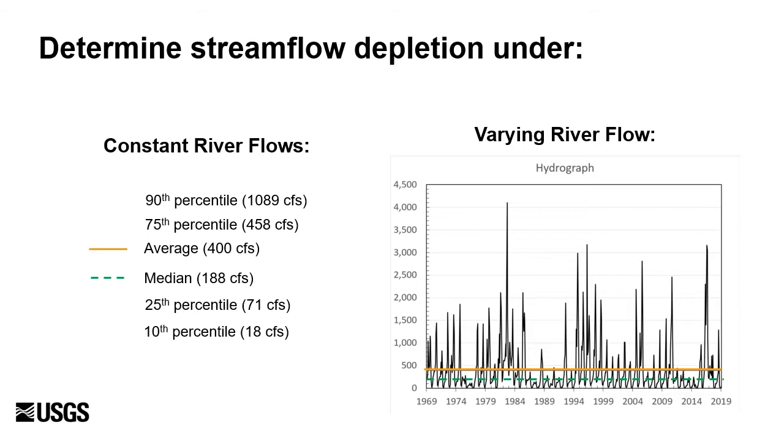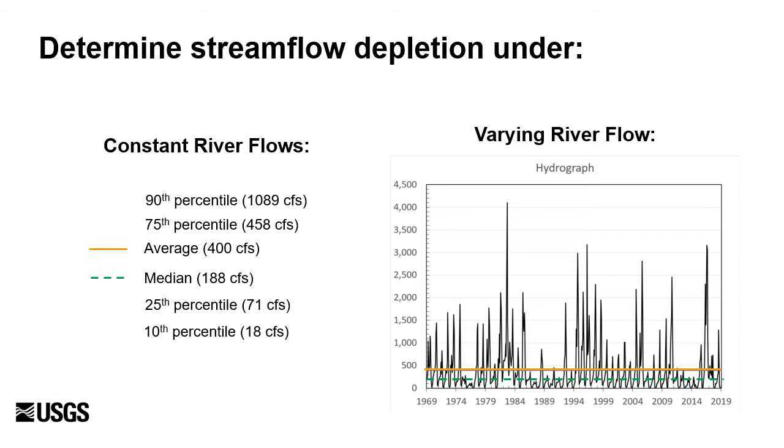This shows the hydrograph that we used in the test model. If you look at this hydrograph, you can see it looks a lot like one of the rivers around here locally. This is actually the Carson River at Carson. We have these really big wet periods like 1983, 95, 2006, 2011, 2017.